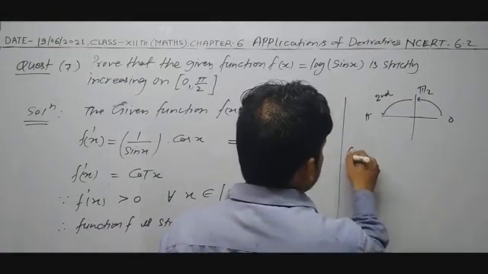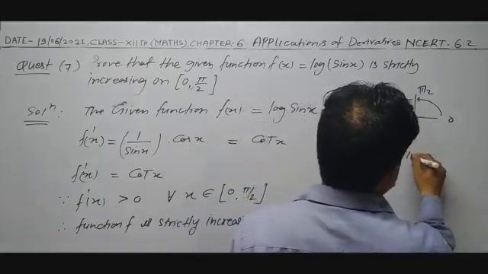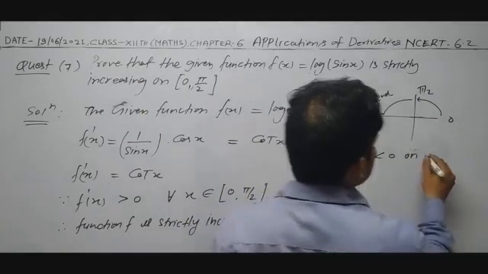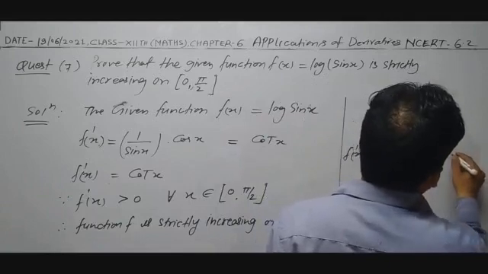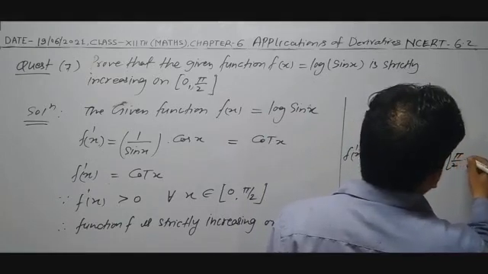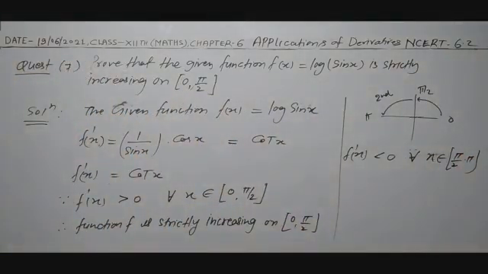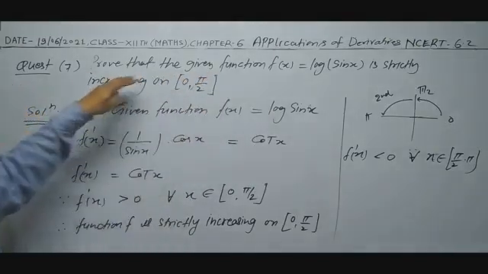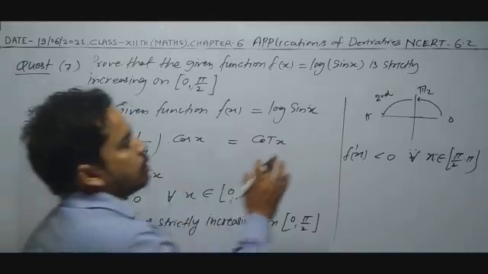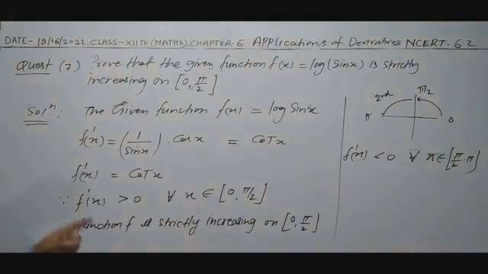You can say f dash x is less than 0 for all x belongs to pi by 2 to pi, because this will lie in the second quadrant, and in the second quadrant the value of cot is negative. So if the question asks intervals in which the function is decreasing, then the interval will be pi by 2 to pi. Pi by 2 to pi is the interval in which function f is decreasing.